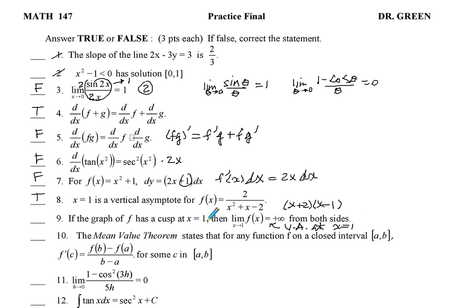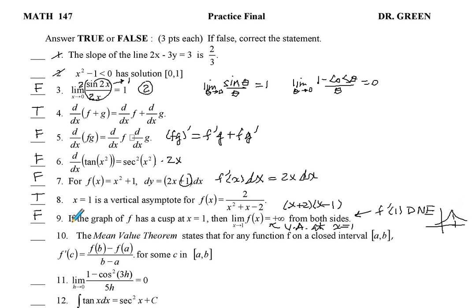But if you've got a cusp, it should not be the limit equals infinity, but f prime at 1 does not exist. That's when you have a cusp. So your graph could look something like this. At 1, you've got a cusp or a point on the graph there.